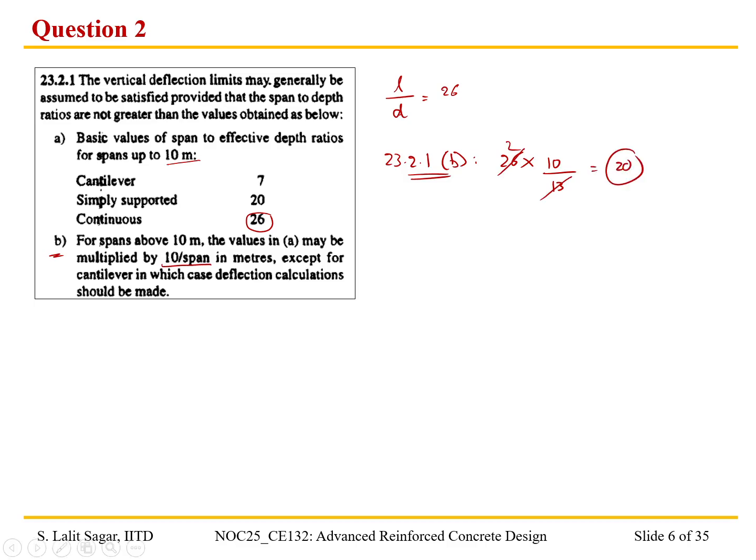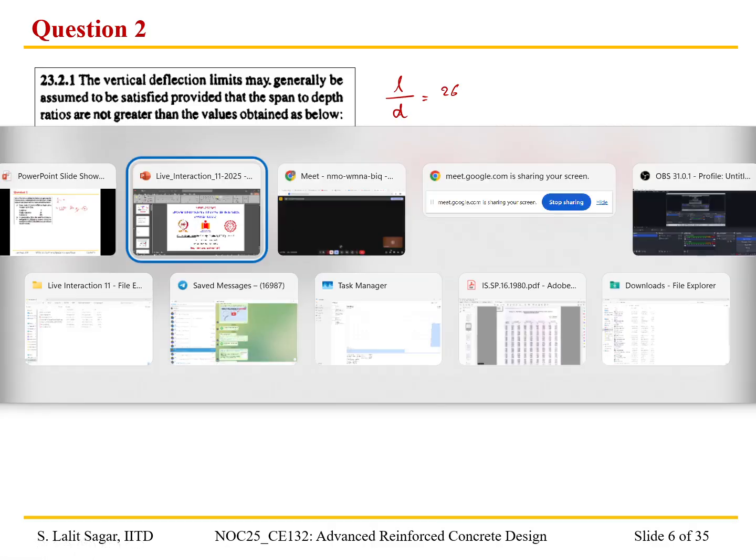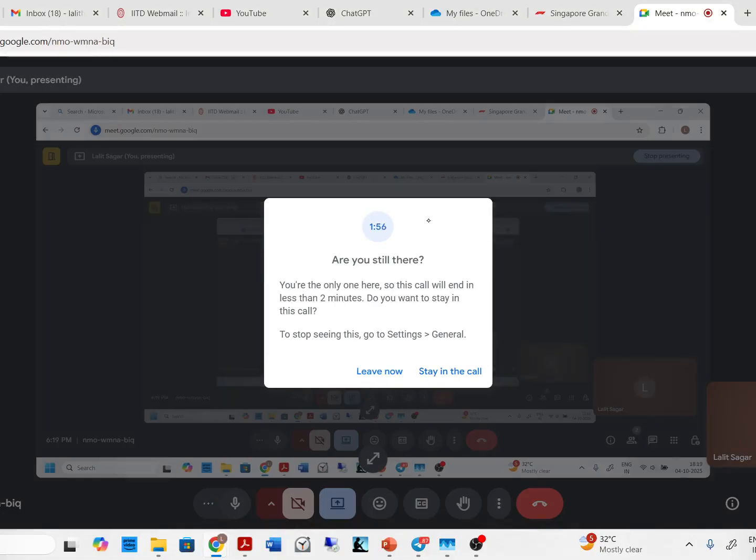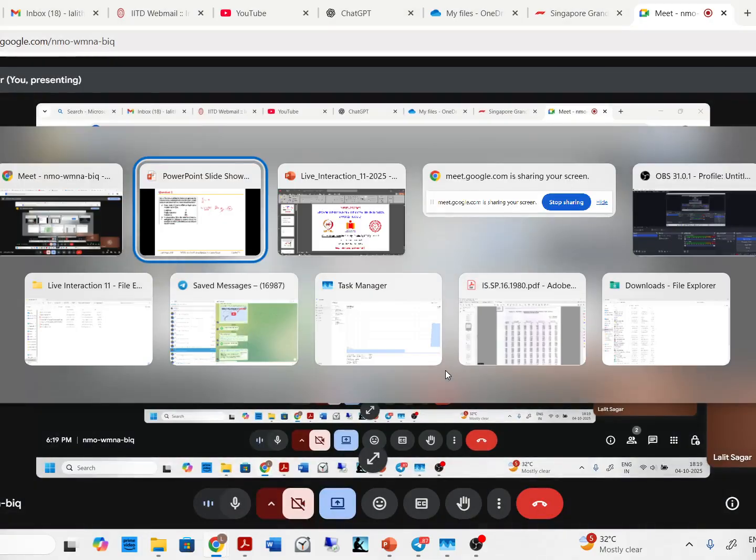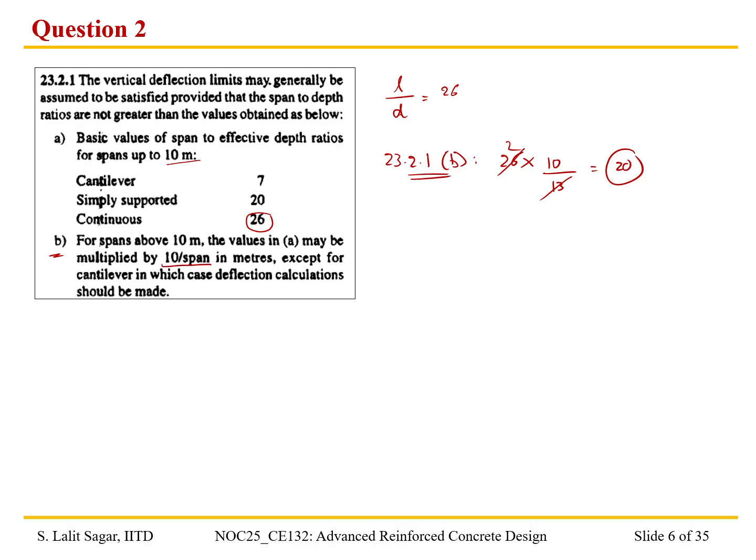Okay, so now what do we need to do? We need to determine the effective depth now. So we know that the span is 13 meters. So L by d is equal to 20.